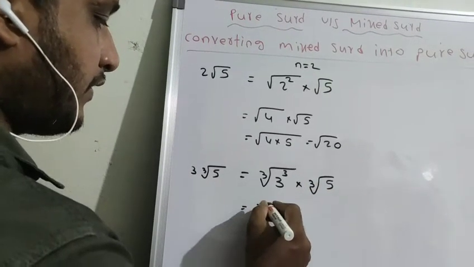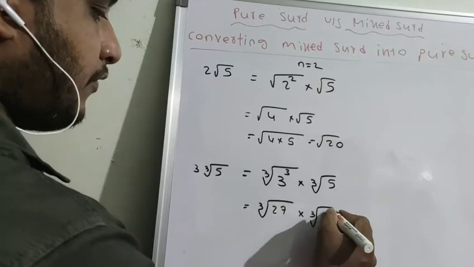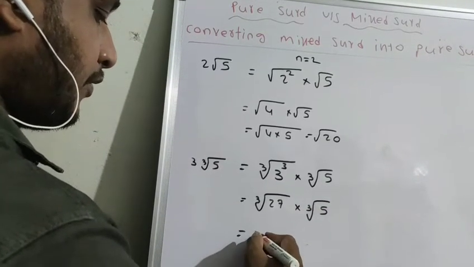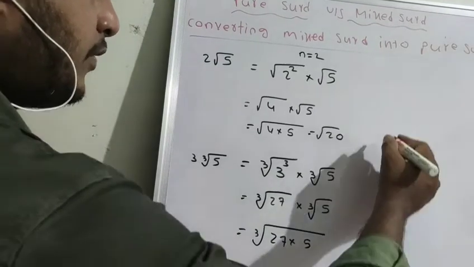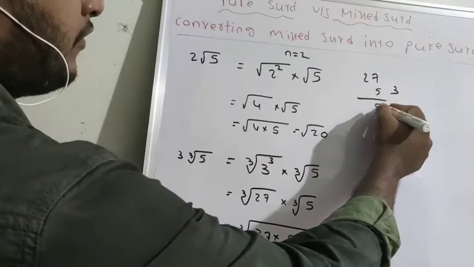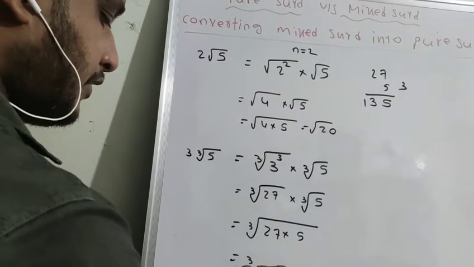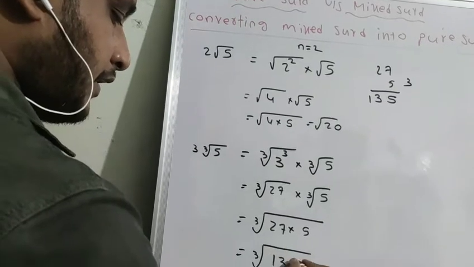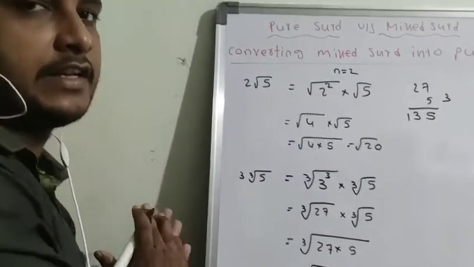Cube root of 3 cube is nothing but 27, into cube root of 5. Now cube root of 27 into 5, and do multiplication. 27 times 5 is 135. So we can write it as cube root of 135. And every mixed surd we can convert to a pure surd.